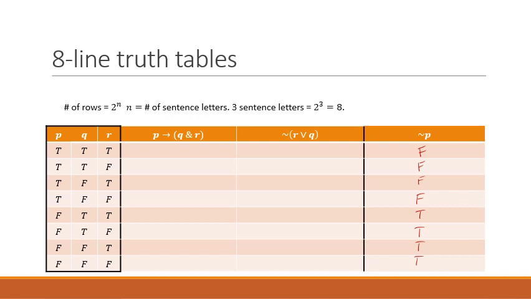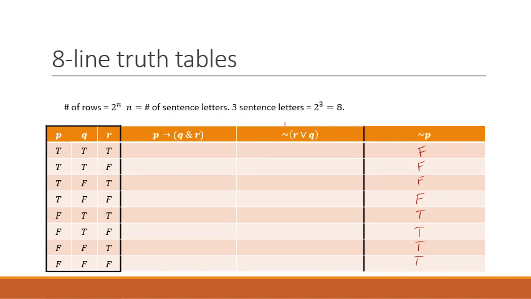Okay, so working backwards here, let's do not the case at R or Q. Here we have a situation where we have parentheses, so we've got to do our work inside the parentheses first and then negate it. If whatever's in the parentheses turns out to be true, the final value will be false. If whatever's in the parentheses turns out to be false, then the final value will be true.